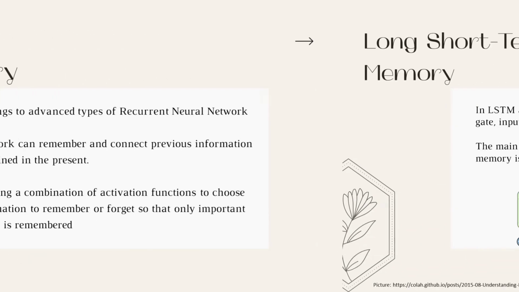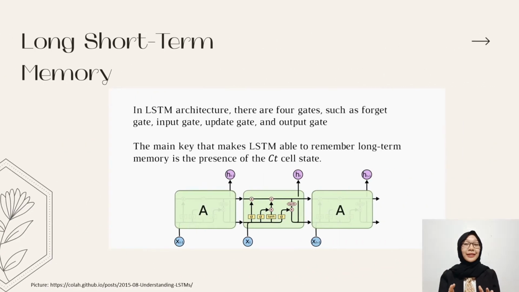In LSTM architecture, there are 4 gates. 1 is forget gate, 2 is input gate, 3 is update gate, and the last one is output gate. And the main key that makes LSTM able to remember long-term memory is the presence of the cell state.